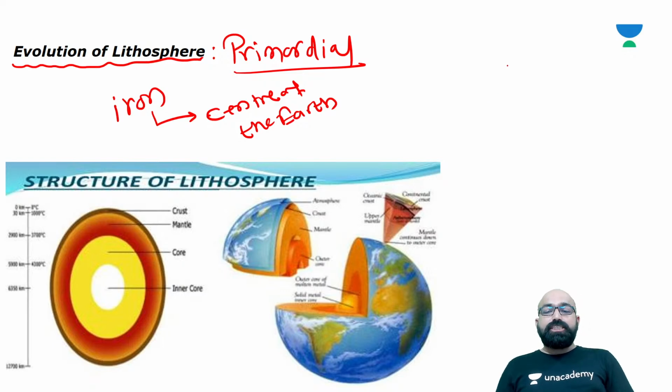Now, with passage of time, it cooled further and solidified and condensed into smaller size. So this later led to the development of the outer surface in the form of a crust.